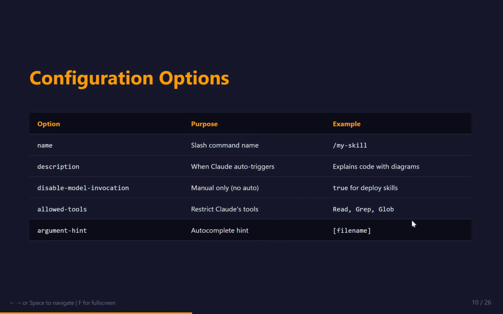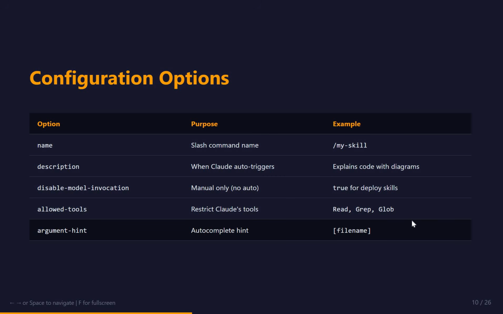So, configuration options again, the name, right? The name you give for the skill, and the folder name, is important, because that's the one which you will use, like slash skill. And the description, right? You need to describe it. It should not be just one line. Explain it with the code diagram. You have to be a little bit more detailed as well.